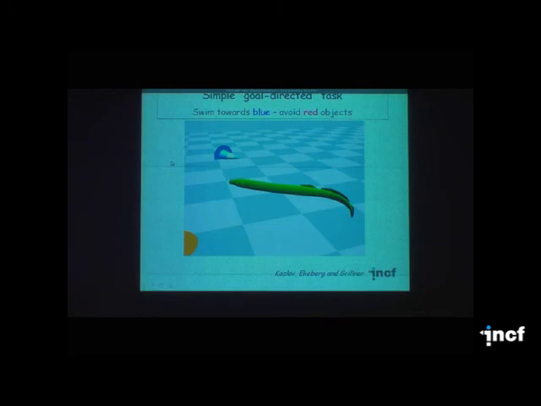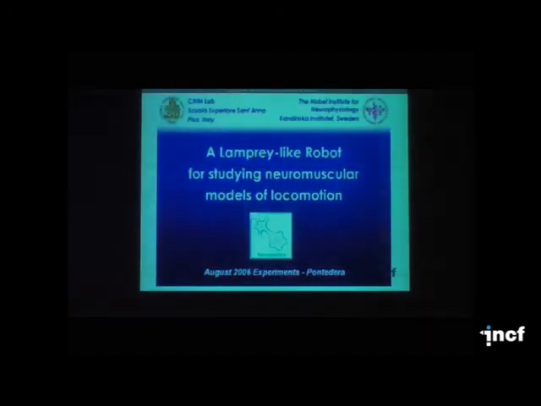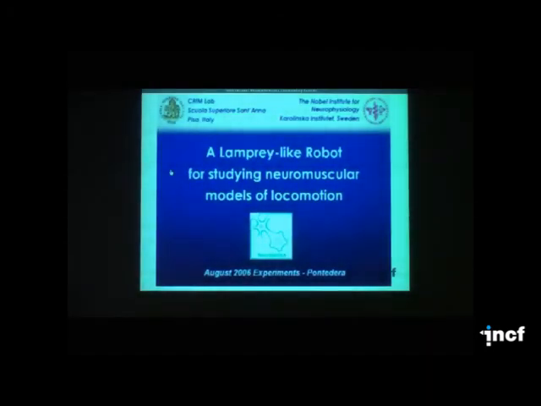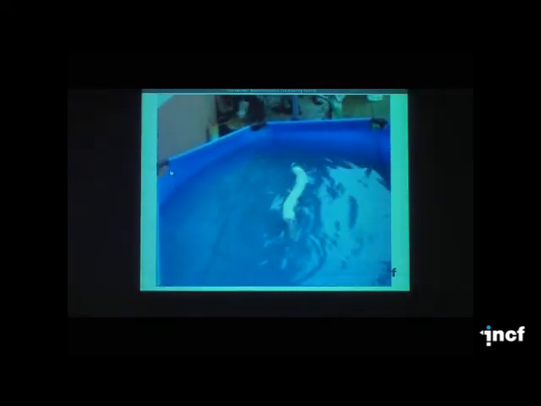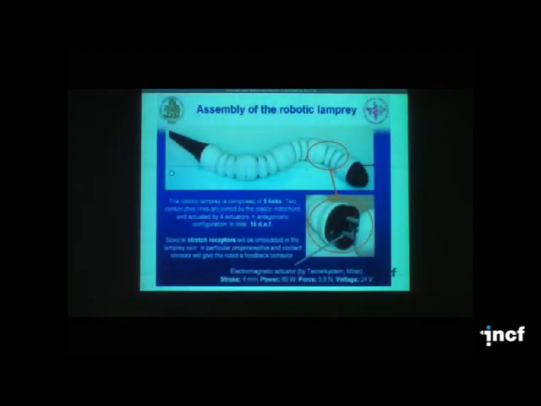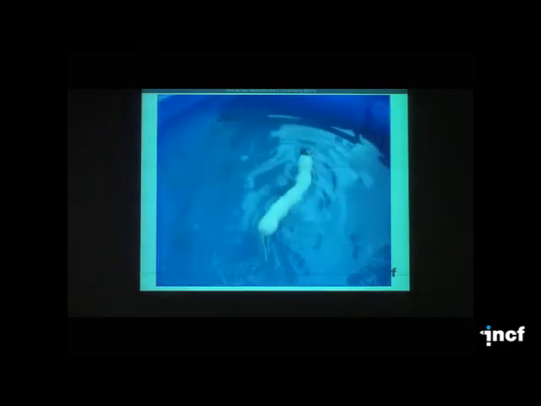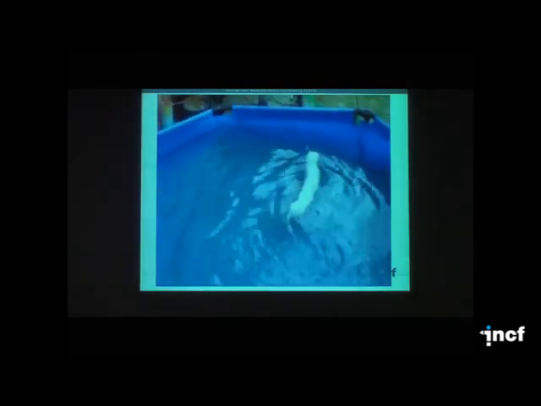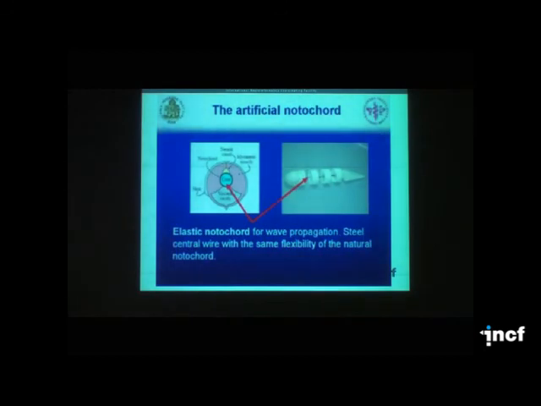And we have recently, together with a group in Pisa, also developed robot lampreys that swim with sort of biological properties, and with actuators that have properties similar to muscle.